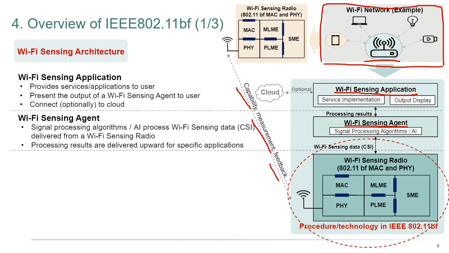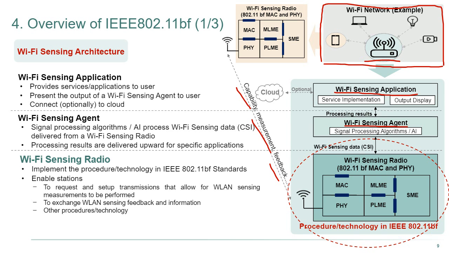And then one layer down is the bottom layer, the Wi-Fi sensing radio. This layer basically implements the standard, including the procedure and technologies in our standard 11bf, including the MAC and PHY layer.